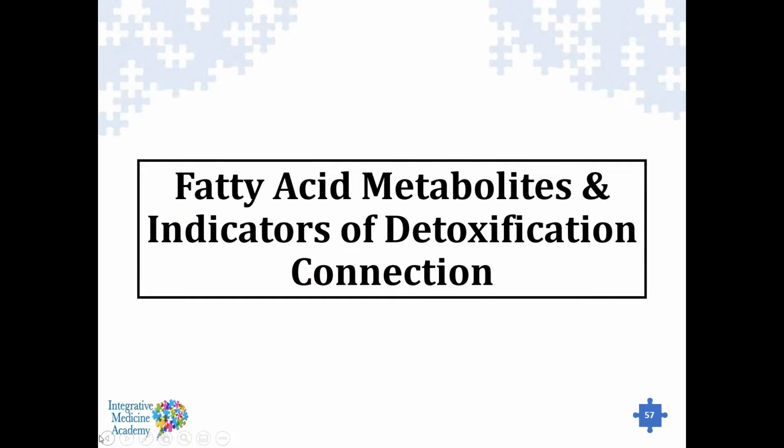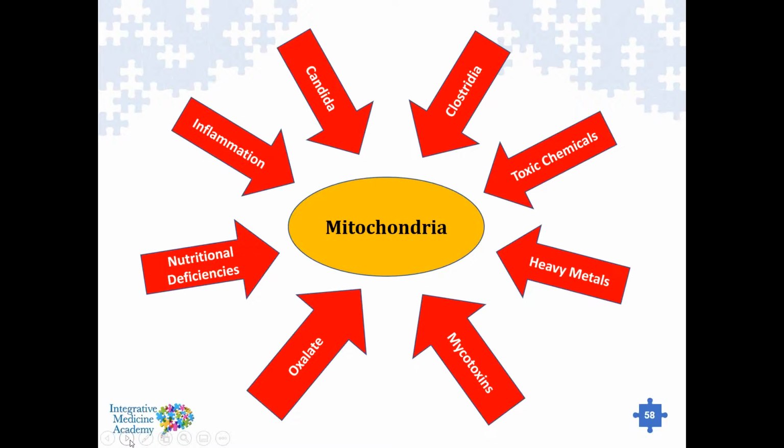Fatty acid metabolites and indicators of detoxification. I've discussed in many webinars and many courses the impact that all of these things have on mitochondria. And this broader discussion is why I don't have a lecture in the OAT seminar just on mitochondrial dysfunction.